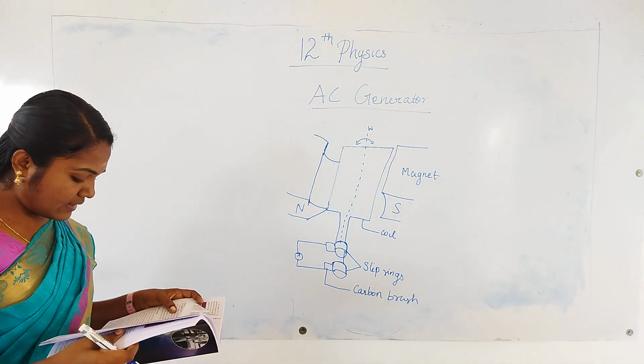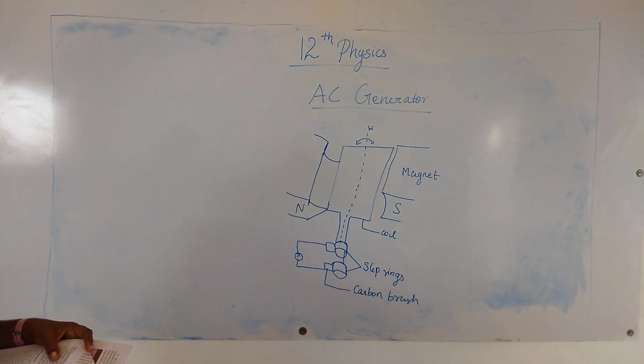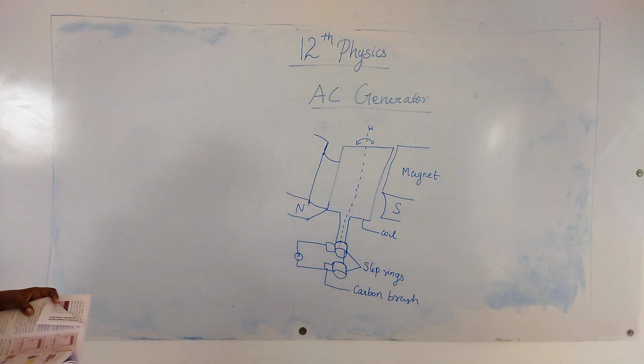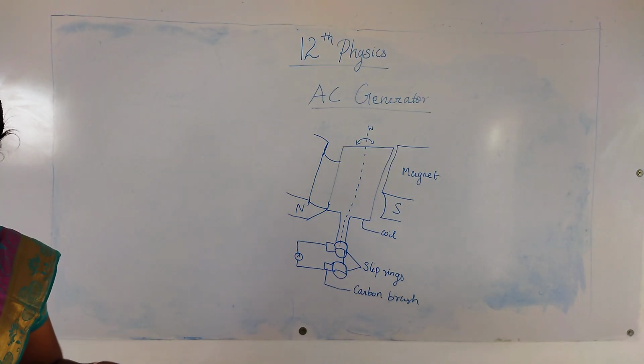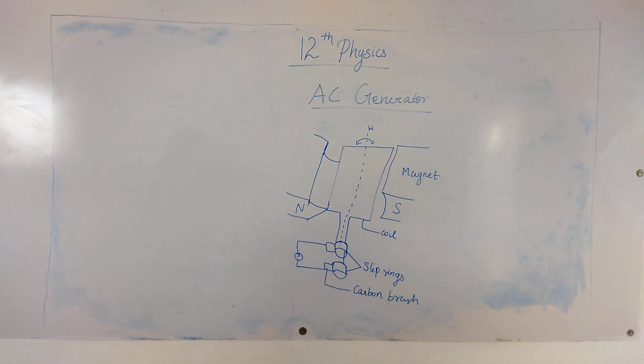Whenever the magnetic flux linked with a closed coil changes, an EMF is induced, and hence an electric current flows in the circuit. This current is called the induced current, and the EMF giving rise to such current is called the induced EMF. This phenomenon is known as electromagnetic induction.